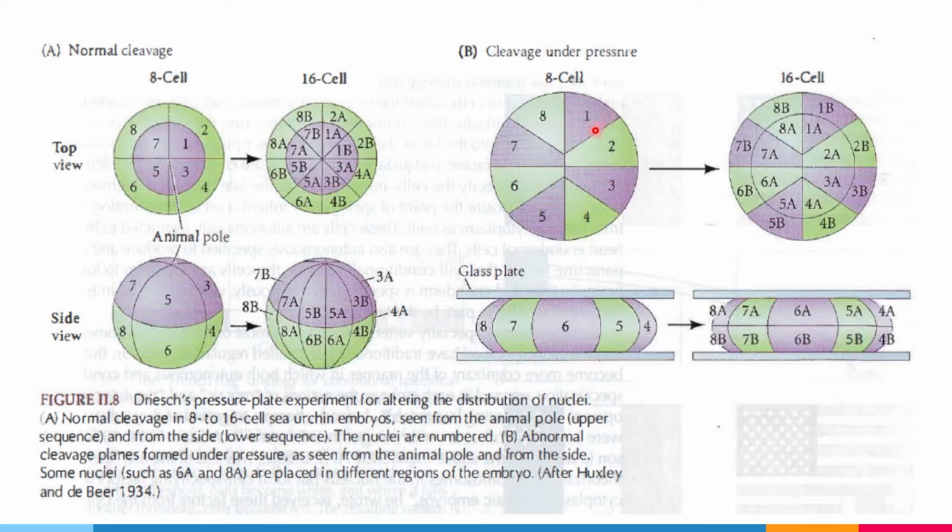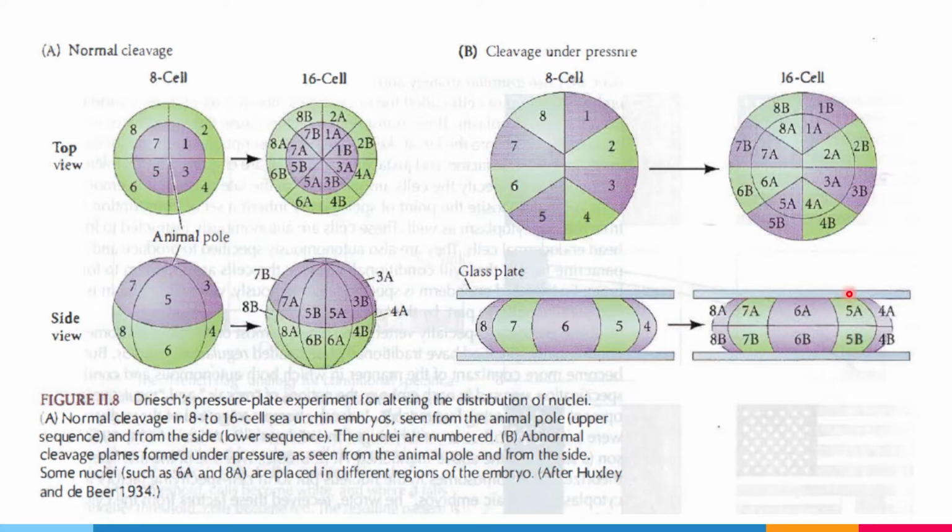Instead, the cells go in between each other, so that now the connections get completely disrupted and the neighboring cells are completely different from what they previously were. So if we can see here now, 6 is connected directly to 7 and 5, whereas in the normal one it should have been 8 and 4.